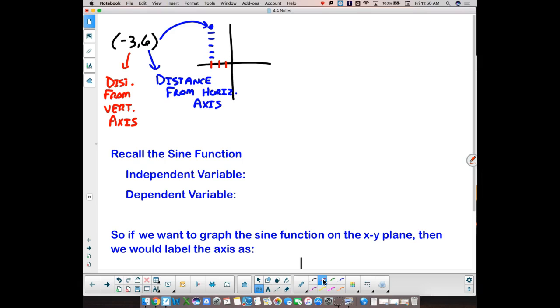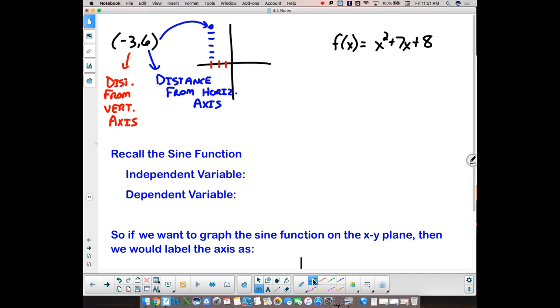Sine functions. We can be looking at the unit circle, or we can be at any point that we want. Oh, let's take one more step back. If I have a function, any old random function, what is the independent variable in that function?